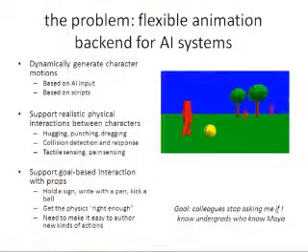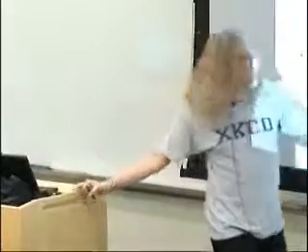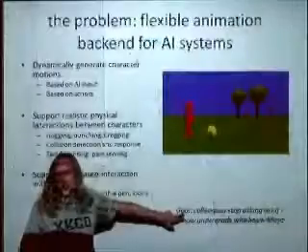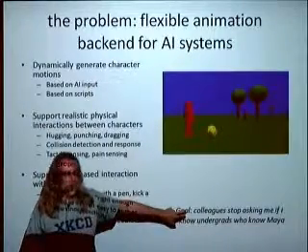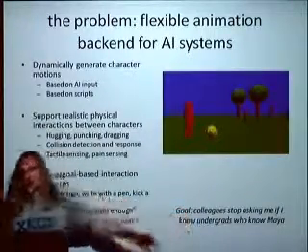So here's the real problem. How do we make flexible animation backends that are easy to interface to your AI system, in part so that my colleagues at Northwestern stop asking me if I can recommend students who know Maya who can do their animation and modeling for them.